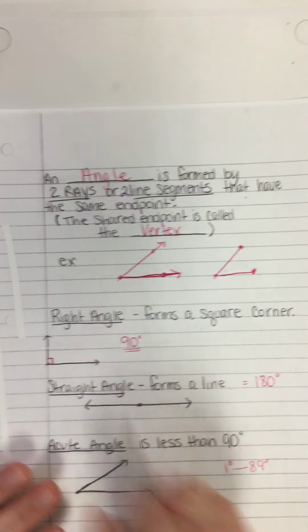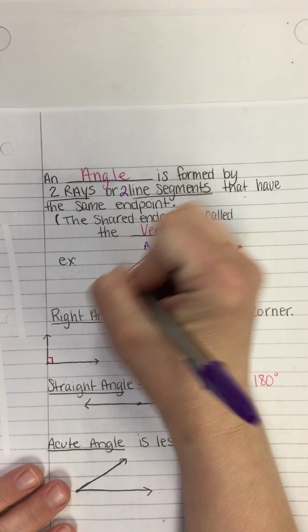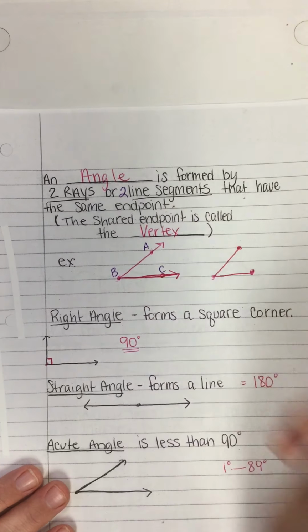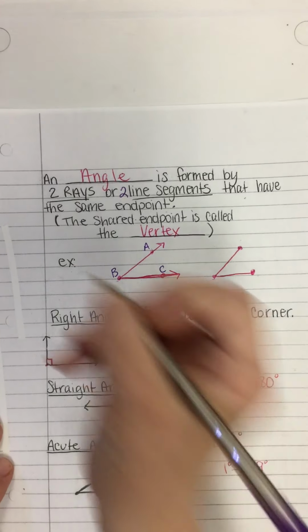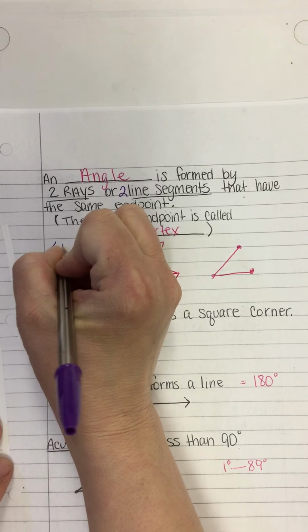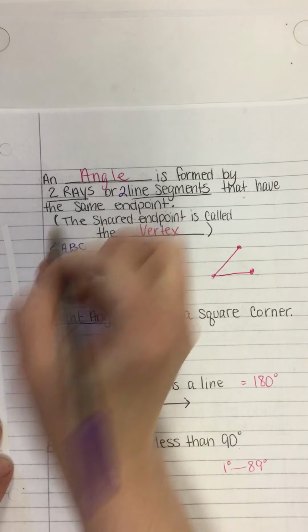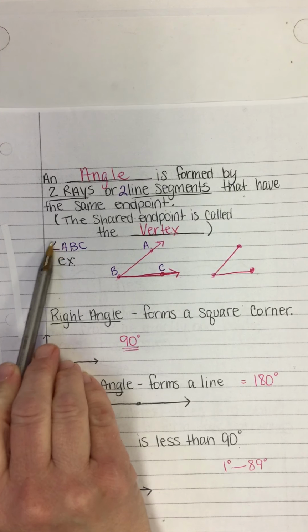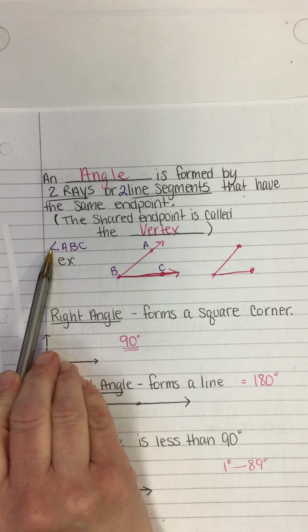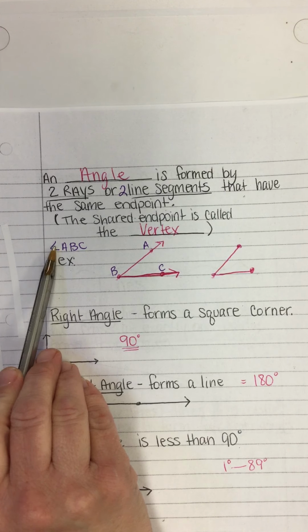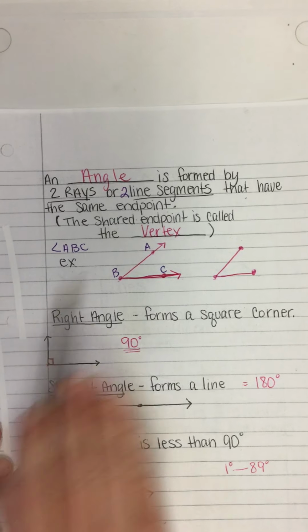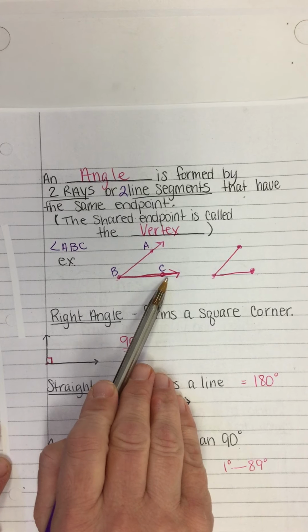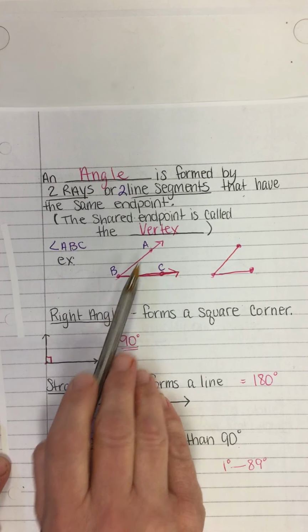So if we're looking at this one, and I'm going to label this one A, B, C, I'm going to label that angle, it's going to be labeled angle ABC. Because if you remember from Friday, that little symbol right here, the less than symbol, represents the word angle. Angle ABC. You could also say angle CBA.